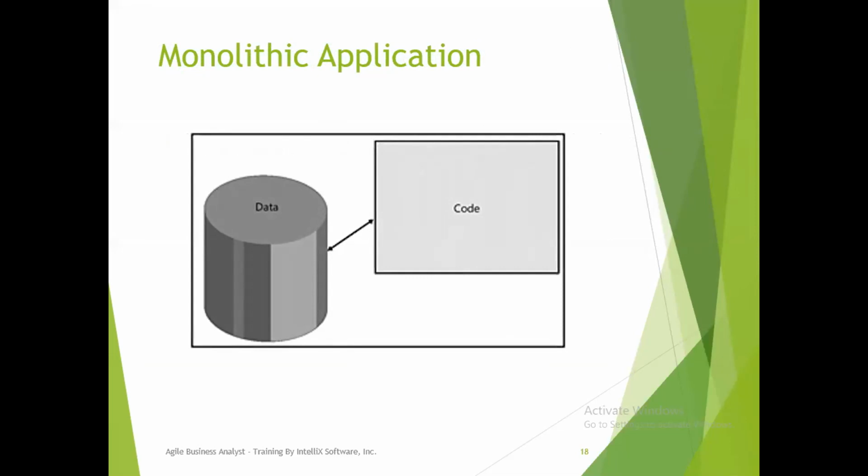Code is a common term used by developers for the processing instructions, and data is essentially the inputs you give in order to perform any function. So think about a calculator.